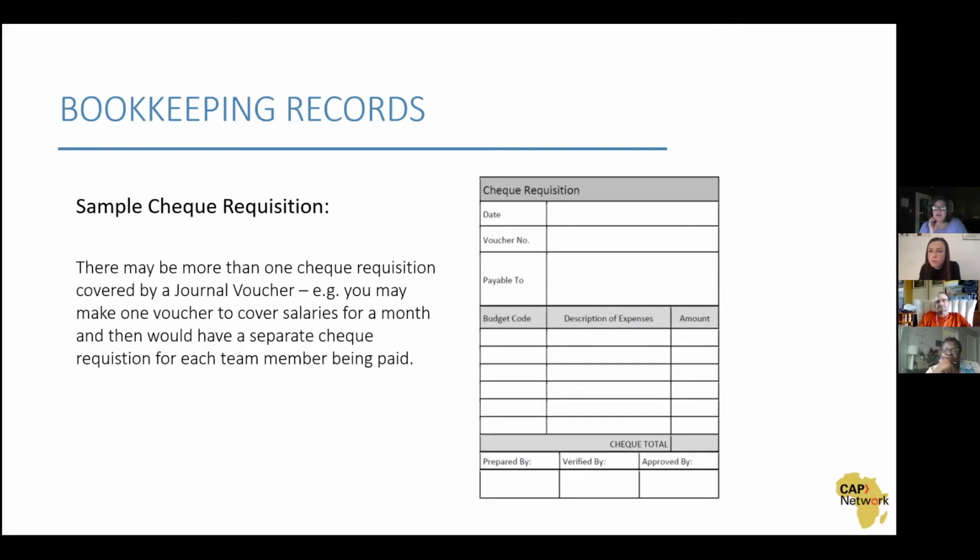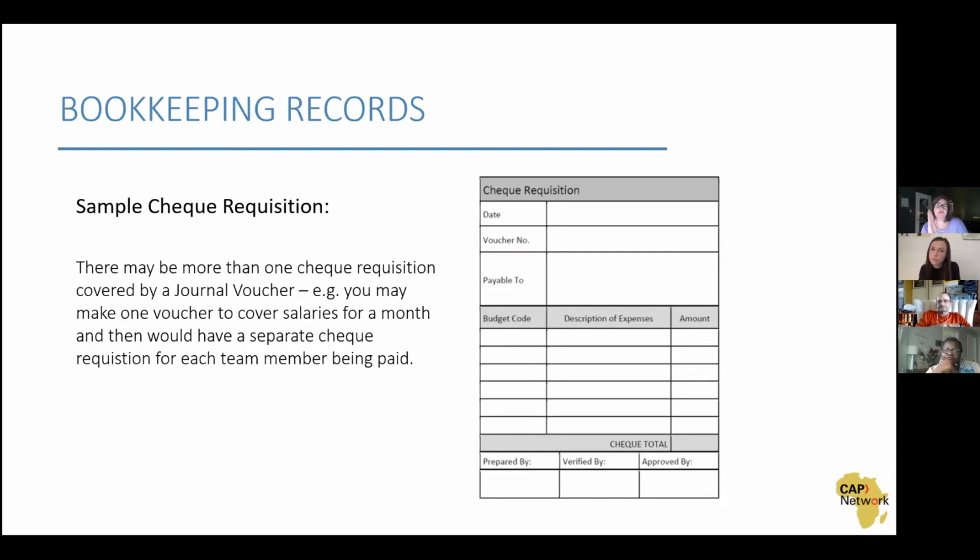So a check requisition or a payment requisition are the same thing. I'm still maybe stuck in the past a little bit, we call them check requisitions, but it may be that you're paying by electronic transfer. It may be that you're paying with cash. That's fine. It's a payment requisition, which is about who is being paid.